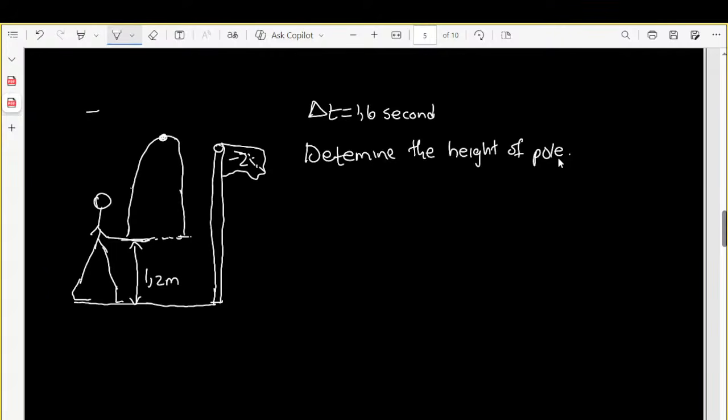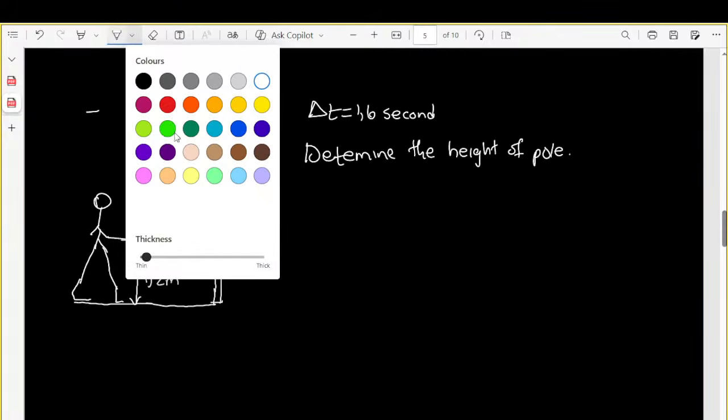So trust me, in an exam it will come like this. They will just say something is thrown upward at the height of this, then they'll want you to calculate something. So what you have to do is write down everything that you have. Remember, everything that reaches its maximum height has a velocity of 0.